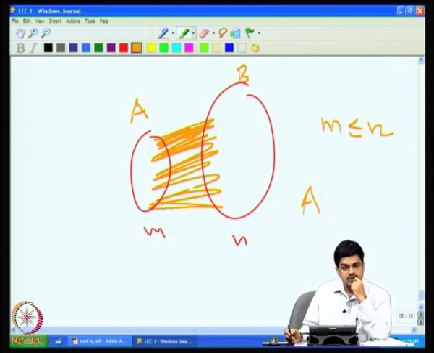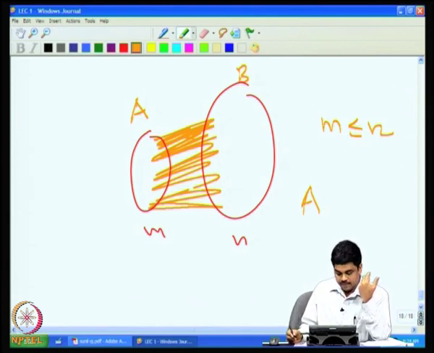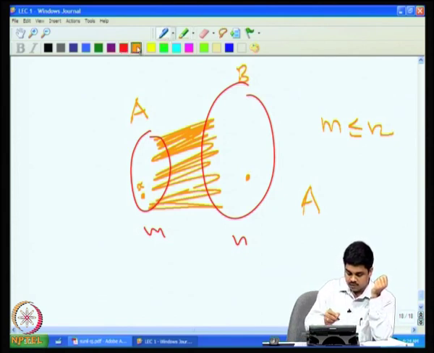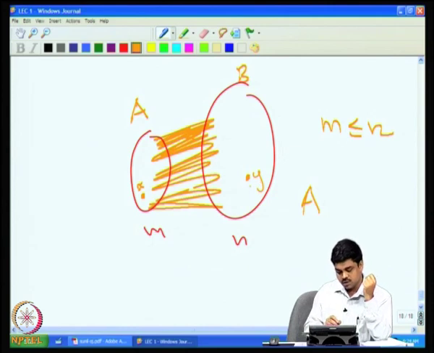That is the question. Can we do it with less than m vertices? It is not possible, because suppose we do it with less than m vertices, definitely there is a vertex here, say x, which is not part of the vertex cover. Similarly, there should be a vertex here, y, which is not part of the vertex cover, because n is more than m and we have taken less than m vertices.